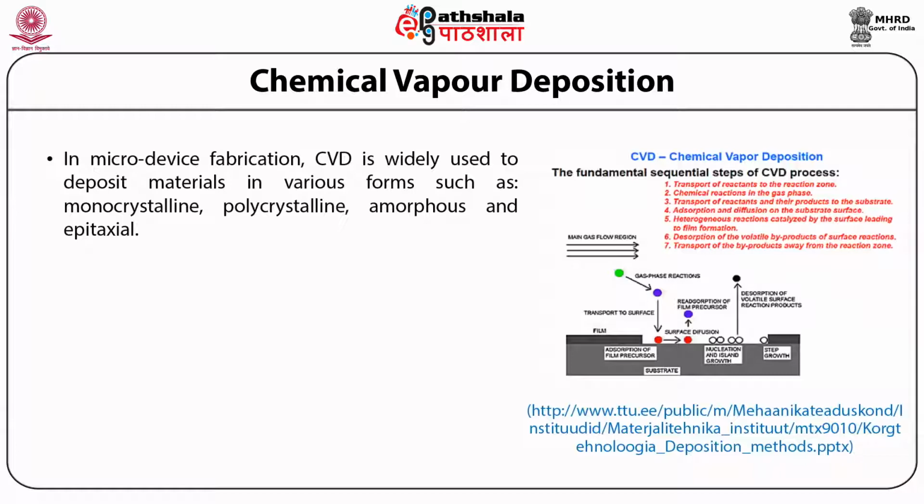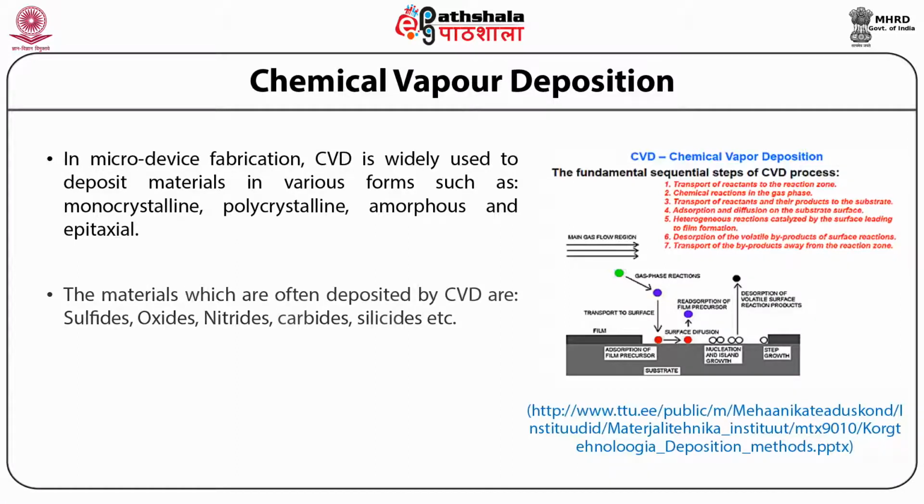In micro device fabrication, CVD is widely used to deposit materials in various forms such as monocrystalline, polycrystalline, amorphous, and epitaxial. The materials which are often deposited by CVD are sulfides, oxides, nitrides, carbides, silicides, etc.